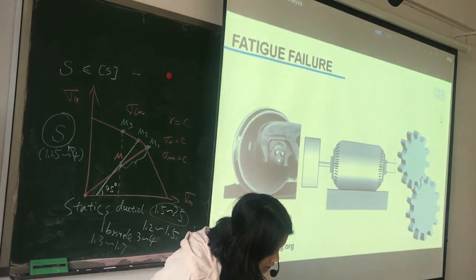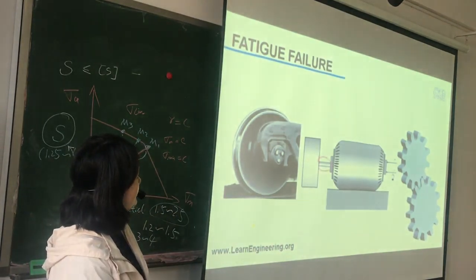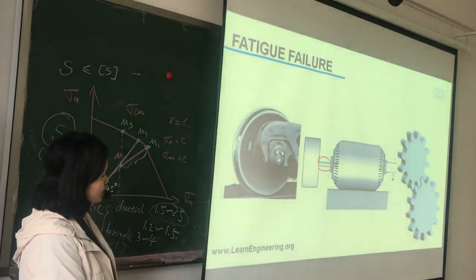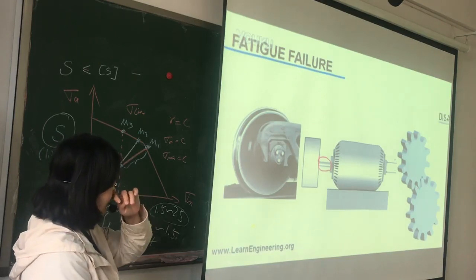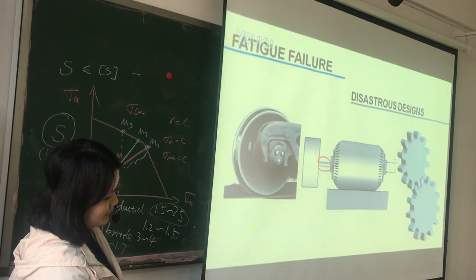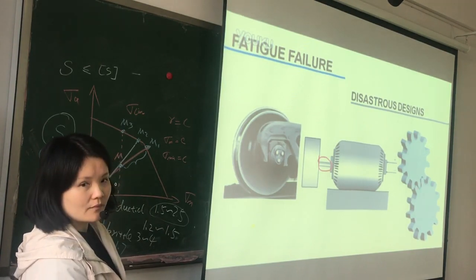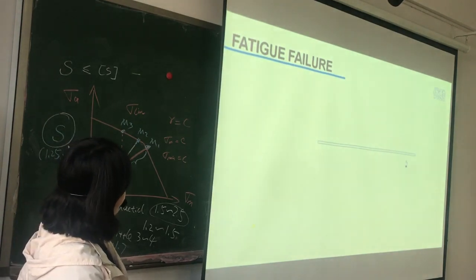Consider these mechanical parts. Even if you design them while satisfying mechanical strength criteria, they may fail due to a phenomenon called fatigue. Historically, many design disasters have happened by neglecting the effect of fatigue. To understand what is fatigue, let's consider this metal wire. You have to break it.